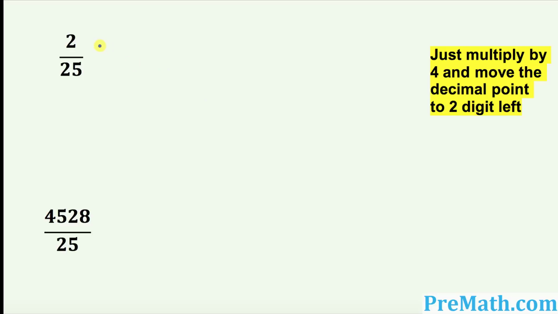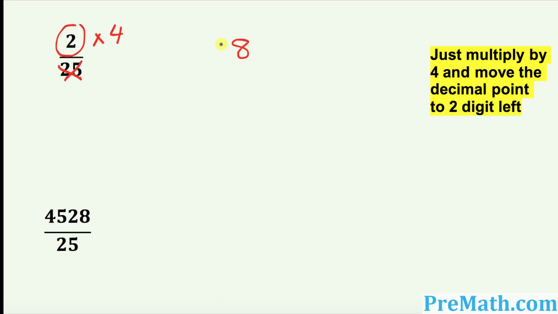Now let's focus on these two examples. Over here, 2 over 25. Once again, do not divide by 25. Instead, multiply the top by 4. And that is going to give you what? Simply 8. Now, the next issue is we have to move our decimal 2 units to the left. So can we write this thing?